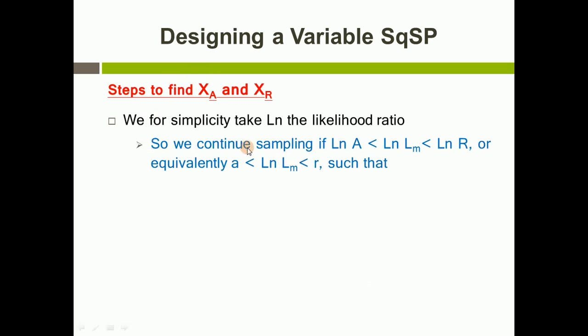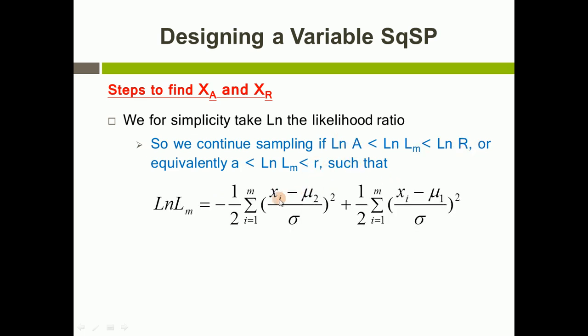In this situation, we continue sampling if ln Lm is greater than ln capital A or less than ln capital R, or equivalently, we call ln capital A small a and ln capital R small r. So we need to find ln Lm, which means that e will be cancelled.